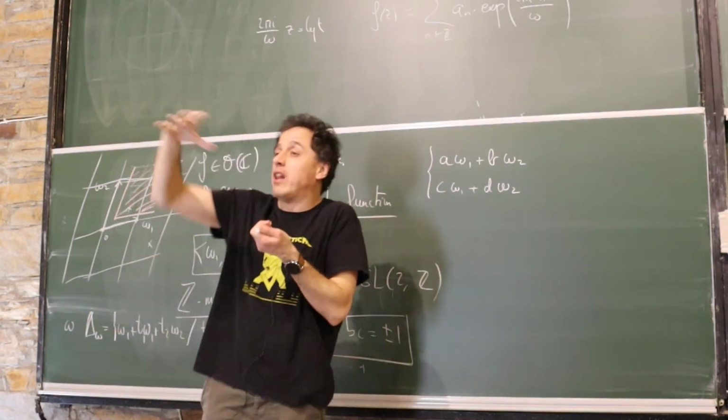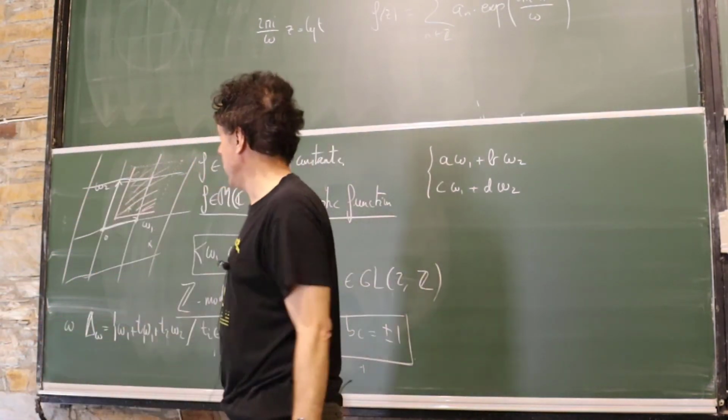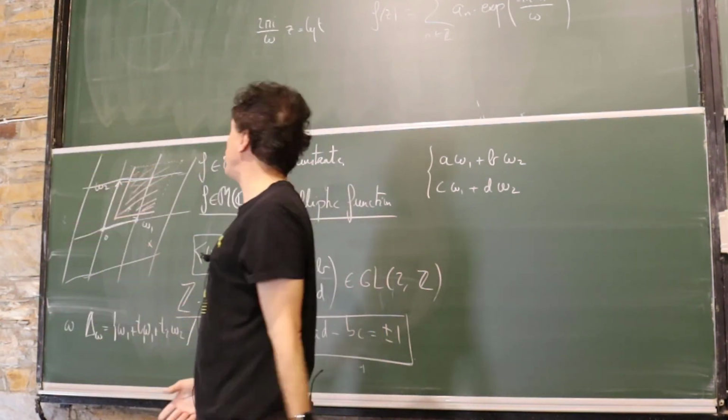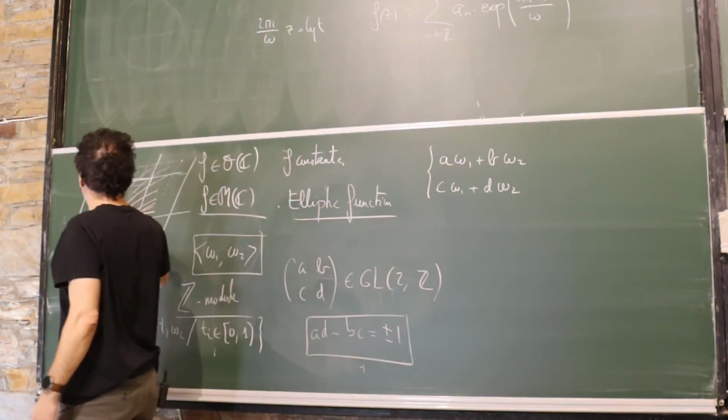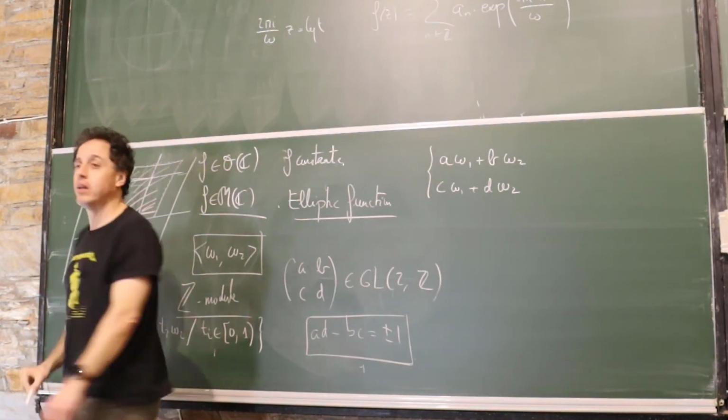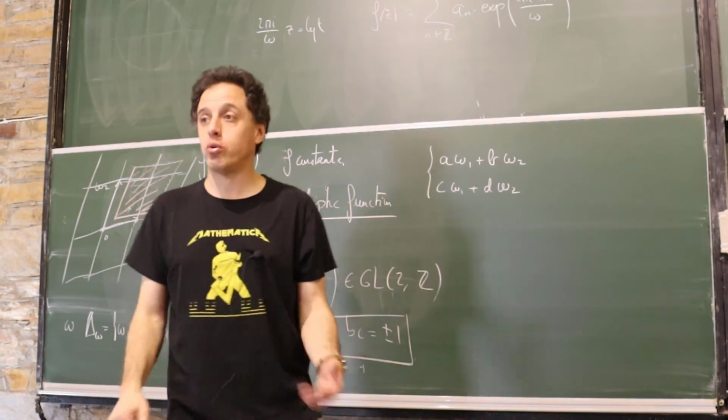So we could identify all these parallelograms. You take a parallelogram, for instance, and identify this side with this side and this side with this side. What do you have?